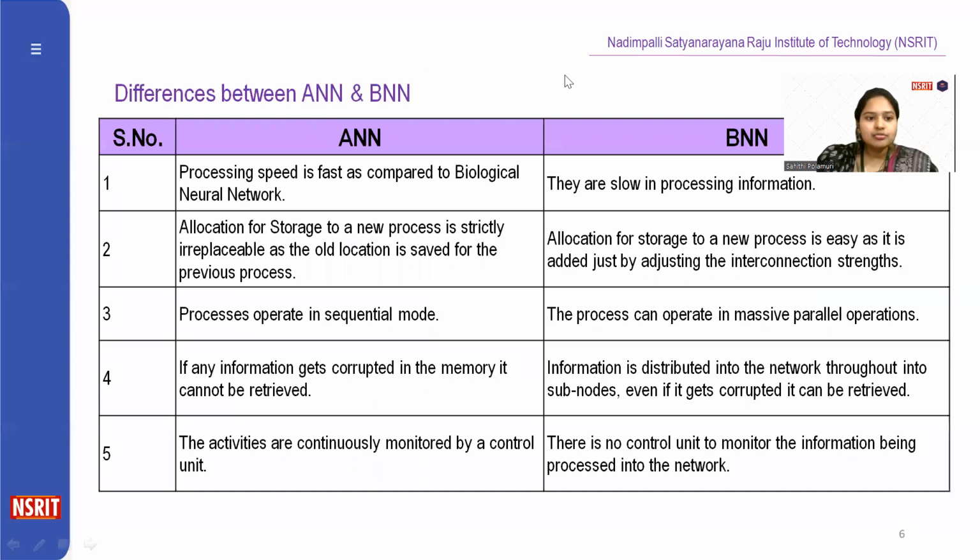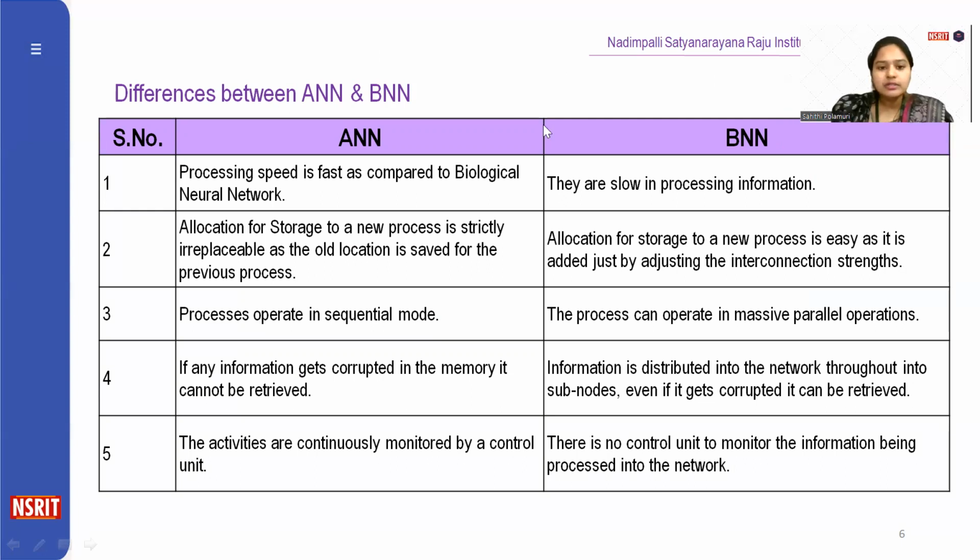Now coming to a few differences between artificial neural networks and biological neural networks. Compared to artificial neural networks, biological neural networks are quite slow to process the information. Actually, biological neural networks are also very fast. Information in our brain is processed within fractions of a second.